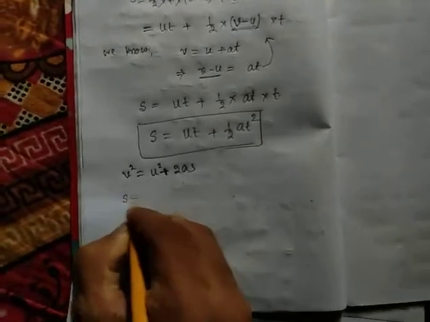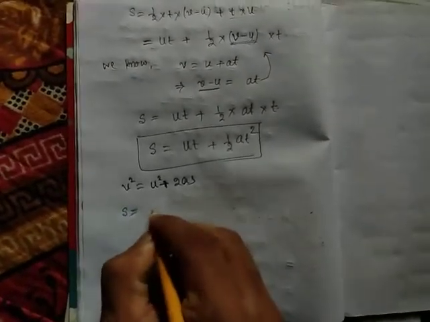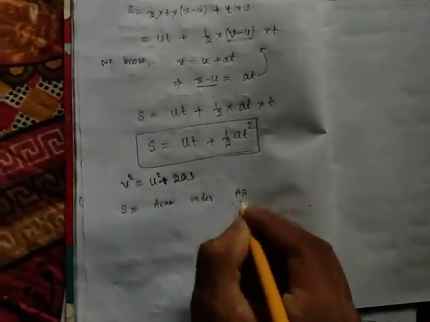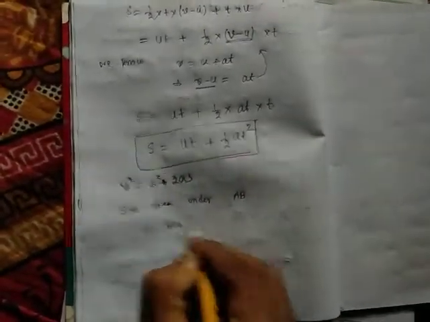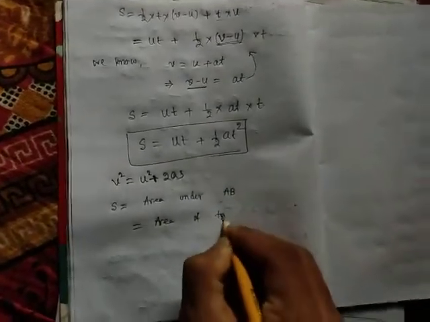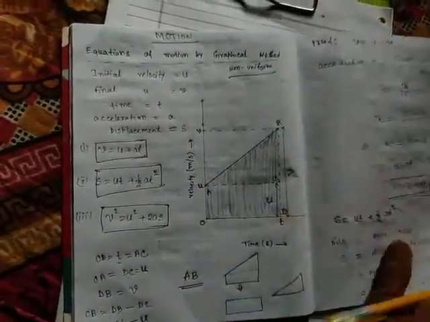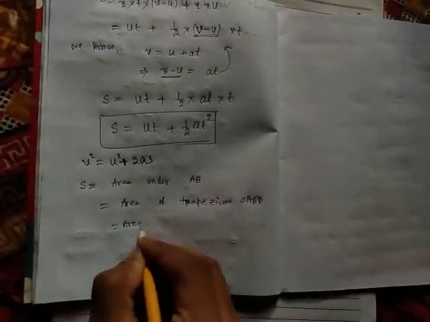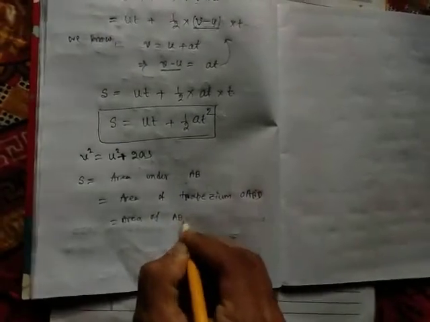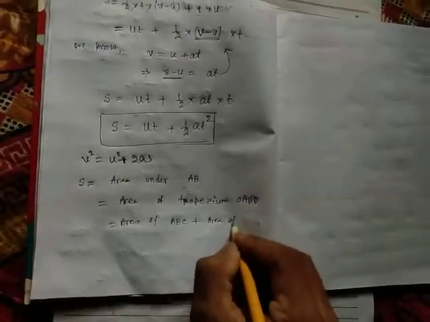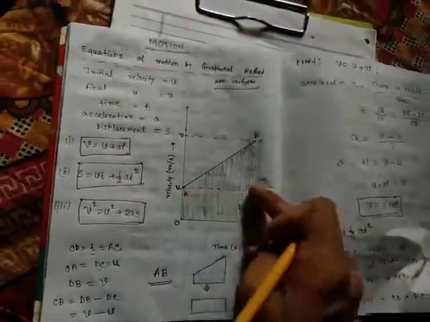In the last case I have shown you S is equal to the area under the curve AB, which is equal to the area of trapezium OABD, which is equal to the area of right-angled triangle ABC plus the area of rectangle OACD.